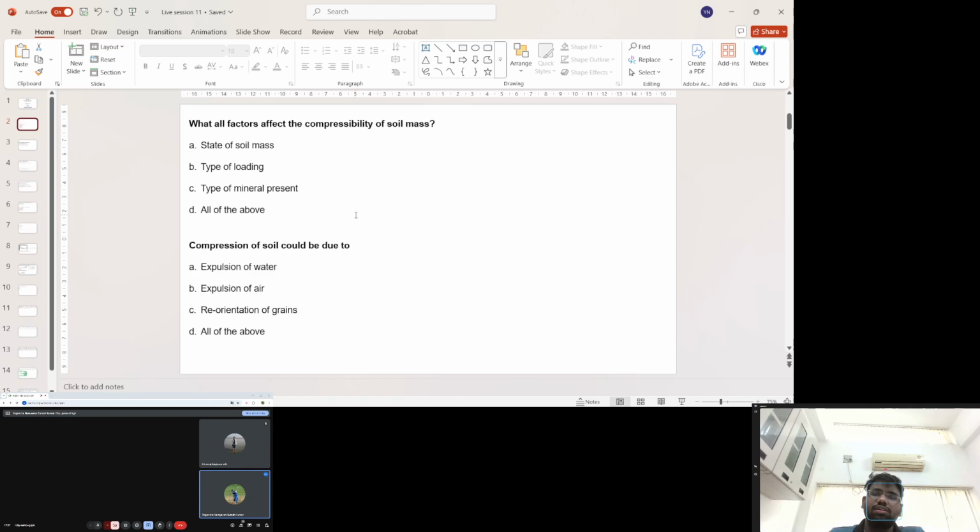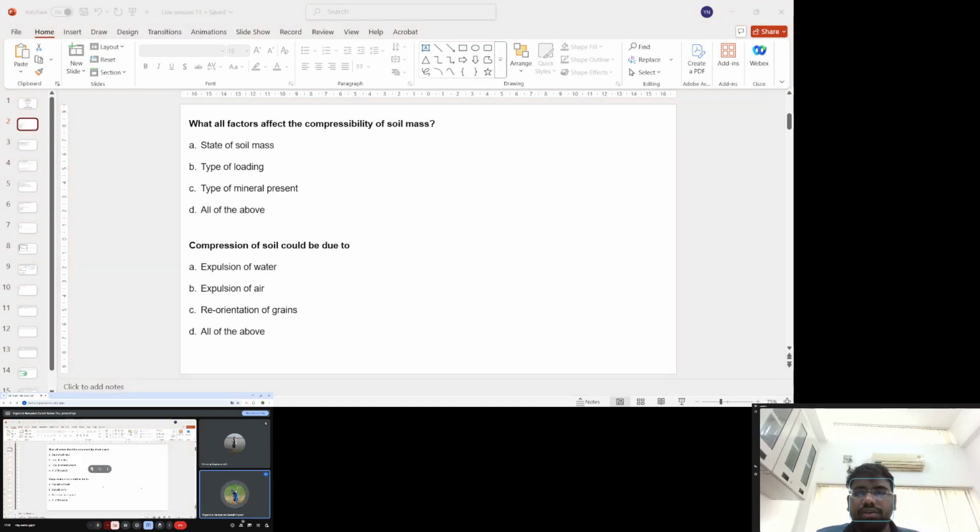So the first question: what are all the factors that affect the compressibility of the soil mass? State of soil mass, type of loading, type of mineral present, all of the above. Any guesses or any idea based on the concepts that have been taught? What factors affect the compressibility of the soil mass?